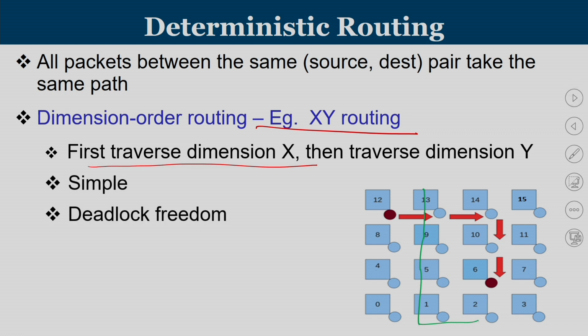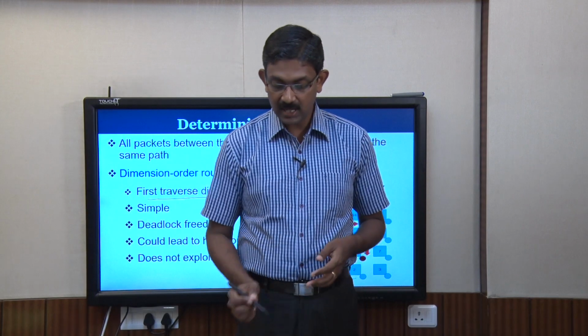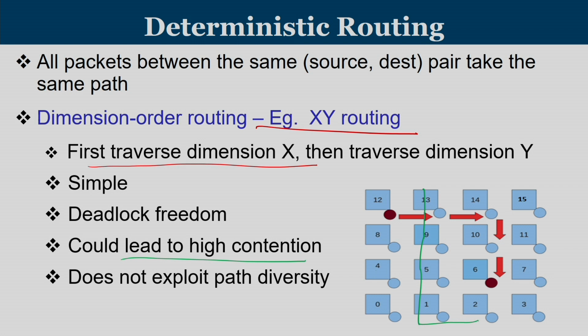It has freedom from deadlock, and the problem is that since every packet from one node to another travels through the same set of intermediate routers, this can lead to high contention. Think of a case where there is heavy congestion at 14. All packets from 12 to 6 can only exploit this path.